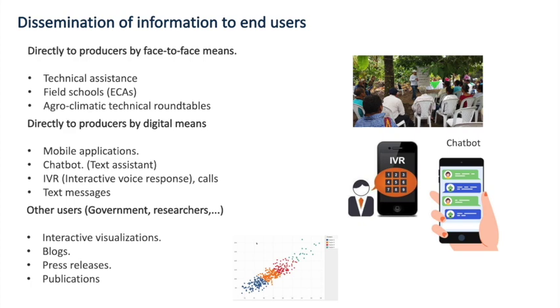So, based on our experience, we've identified a series of methods to try and deliver that information to the producers. For the producers that aren't so tech savvy, the idea is to train the technicians. They should be the ones who understand this information, and they have to convey the information directly in the terms that they use to communicate. And there are other activities where the producers are, like the field schools. In Colombia, we have technical tables for agronomy and climate that we are going to start implementing in Mexico with the help of CIMMYT.